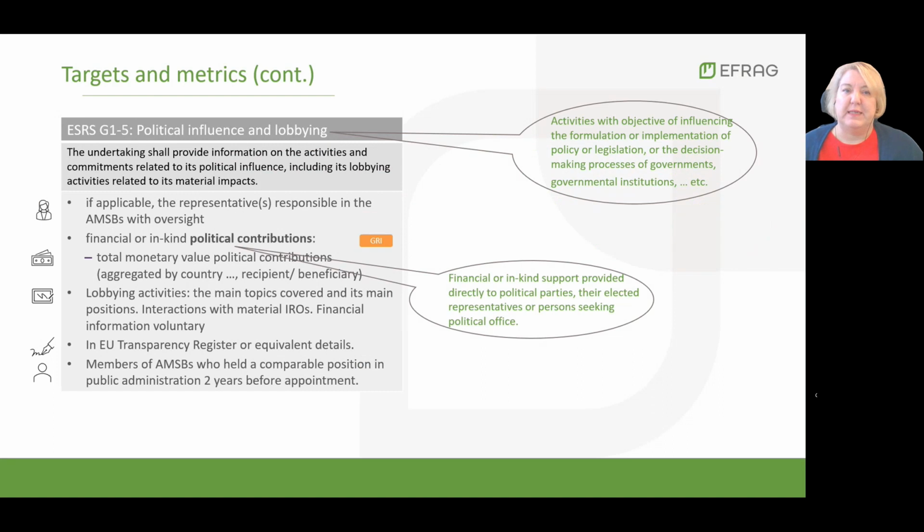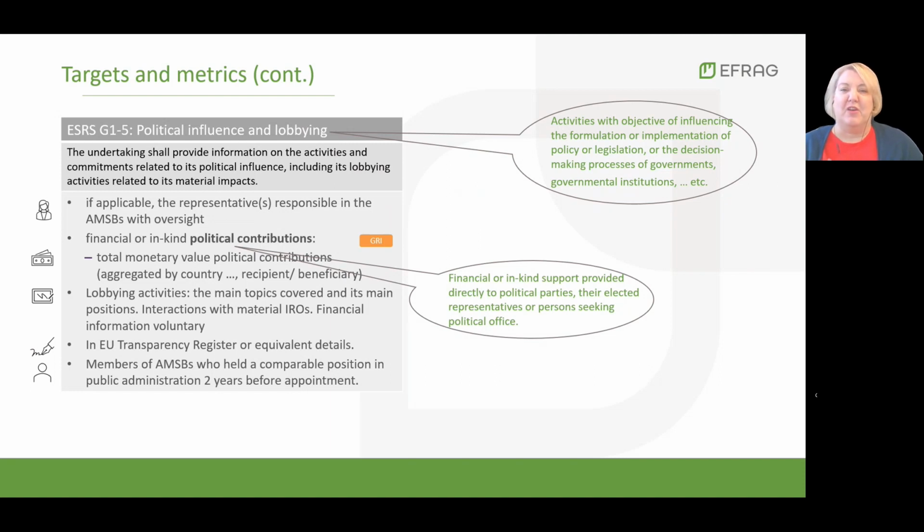If we move to political influence and lobbying, as I have alluded to, here we distinguish between political contributions and lobbying activities. Political contributions are the support money, or various other ways that you can support, provided to political parties and their representatives or people seeking political office. This is different to lobbying, where what you're trying to do is to influence the formulation or implementation of policy.